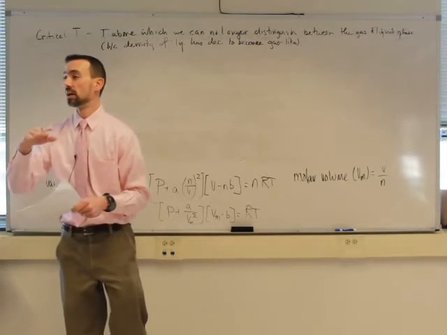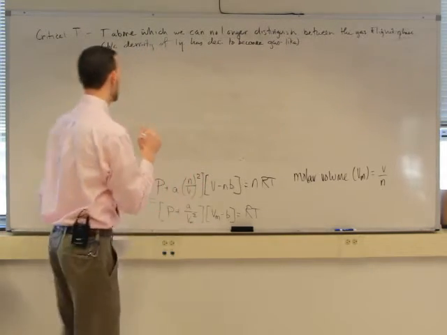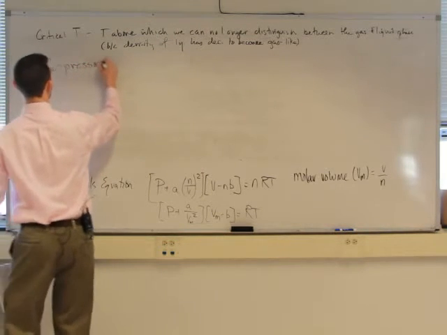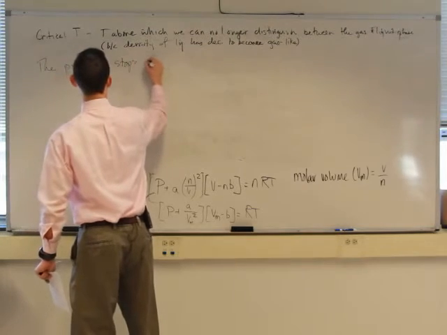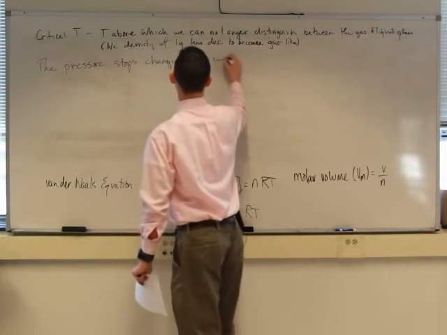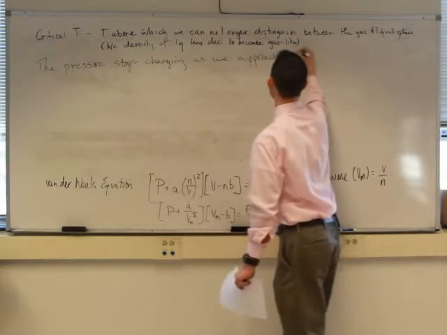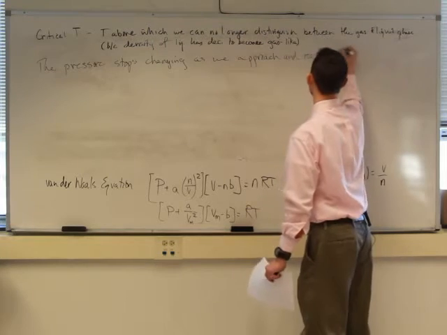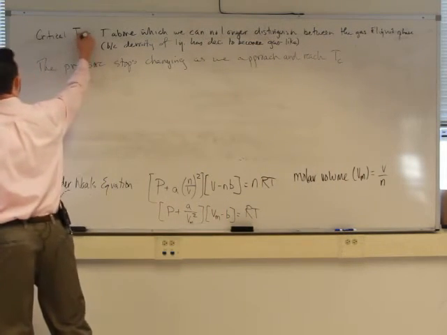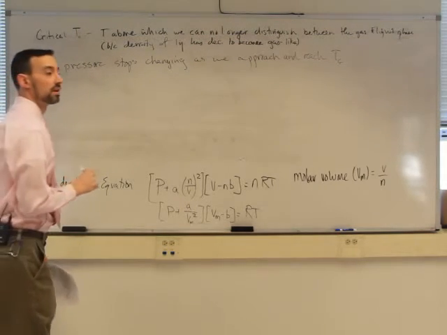Just hearing it that way might not sound too bad, but what that means for us is that the pressure stops changing as we approach and reach the critical temperature, T subscript C.